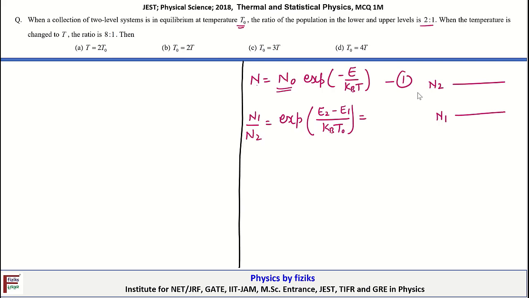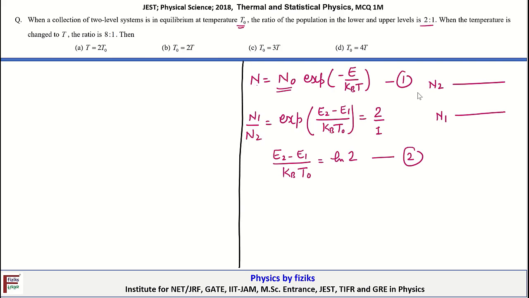This is given to be equal to 2/1. Taking logarithm on both sides, we obtain E2 minus E1 divided by kB T naught equals ln 2. Let's call this equation 2.